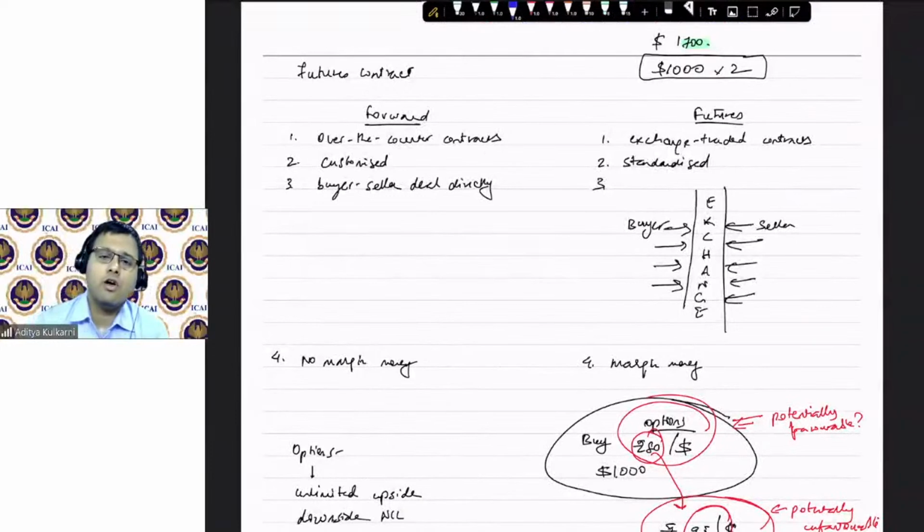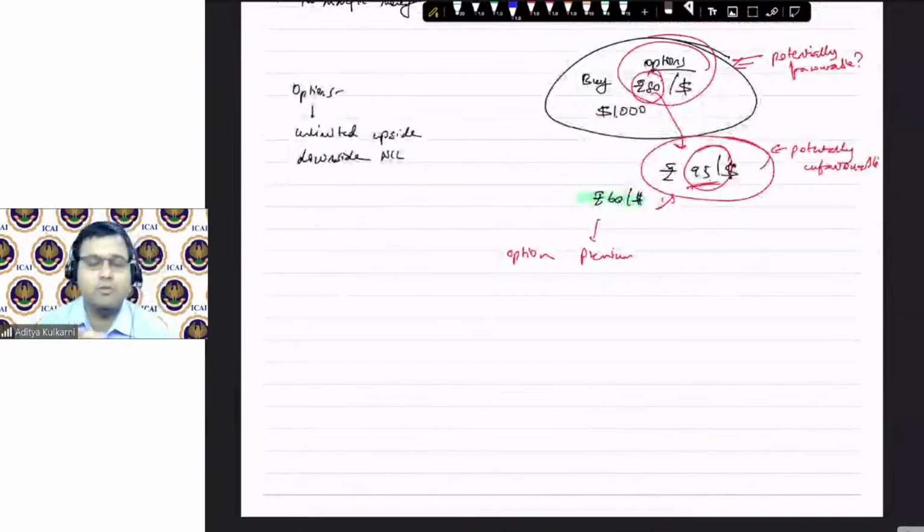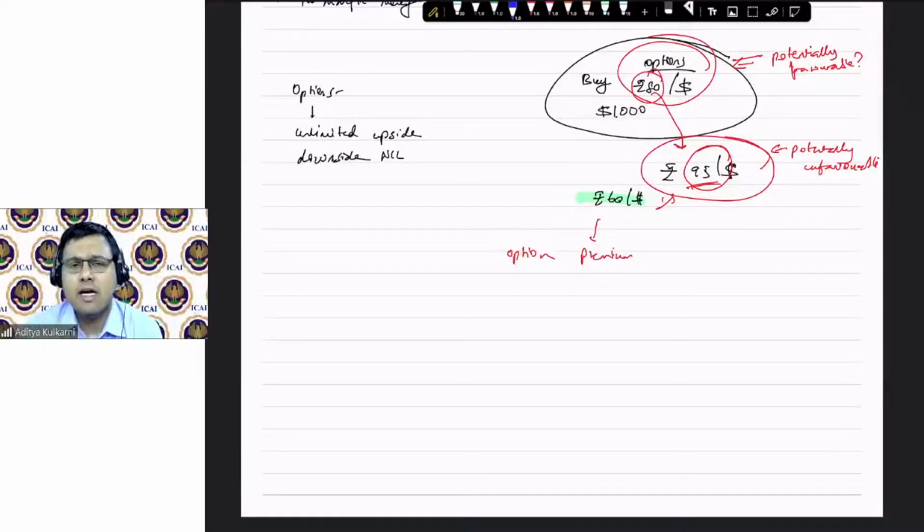We also saw the three types of derivative contracts and discussed their features. One is your forward contract, one was your futures contract, and the other one was the options contract. We saw that in a forward and future, it could result in a gain or a loss, but in an options contract, there is an unlimited upside with a nil downside.